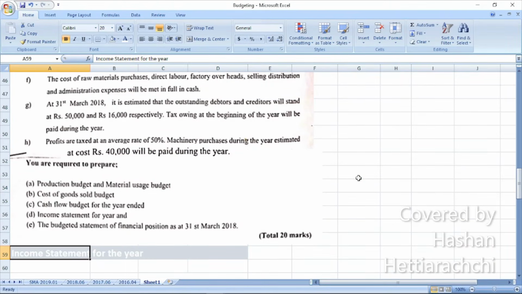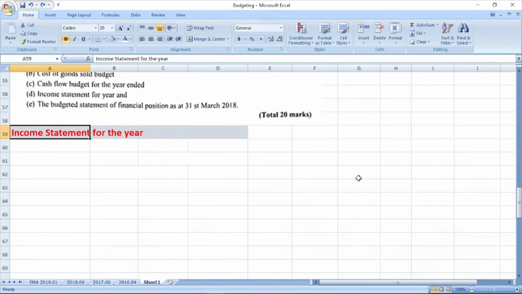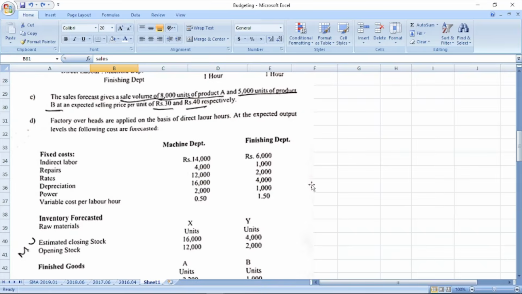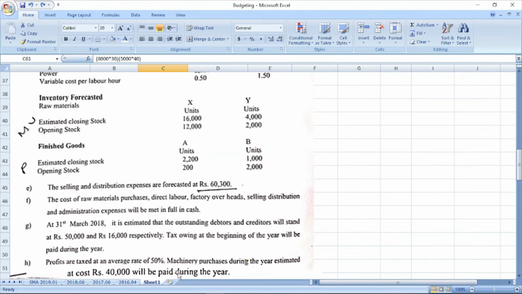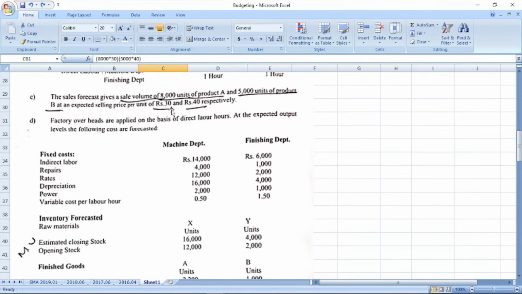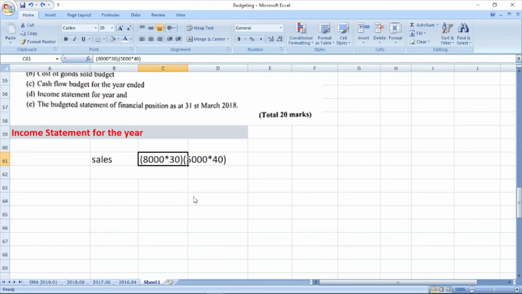Requirement D, income statement for the year. Sales income: 8,000 units of A and 5,000 units at 30 and 40 prices, and sales income is 440,000 and cost of sales, previously we found, is 304,100.